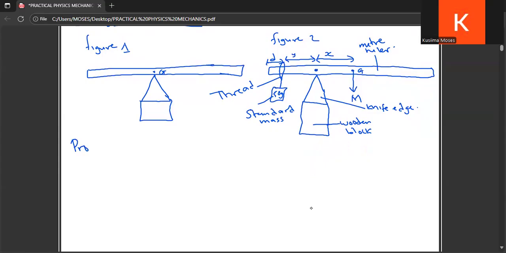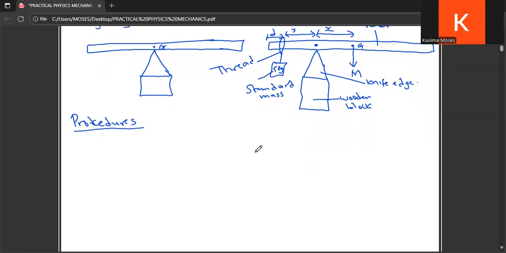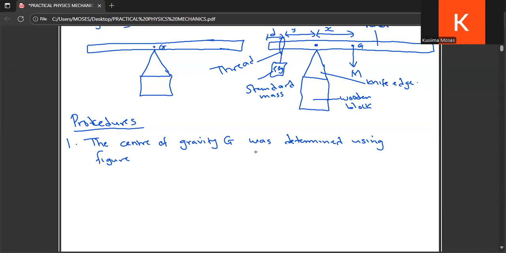Procedures. Procedure 1: The center of gravity, G, was determined using figure 1.